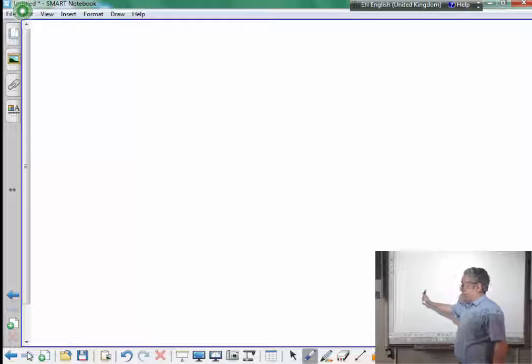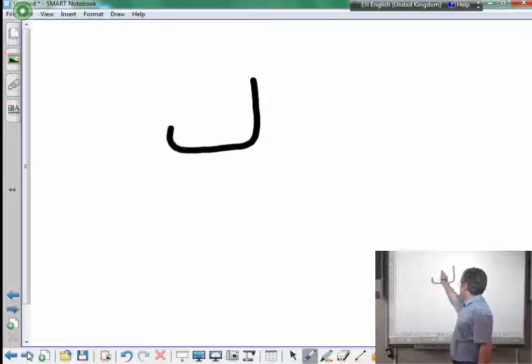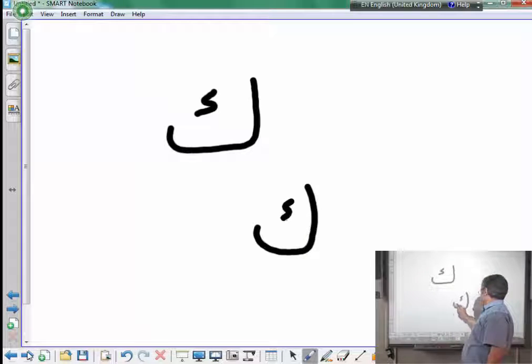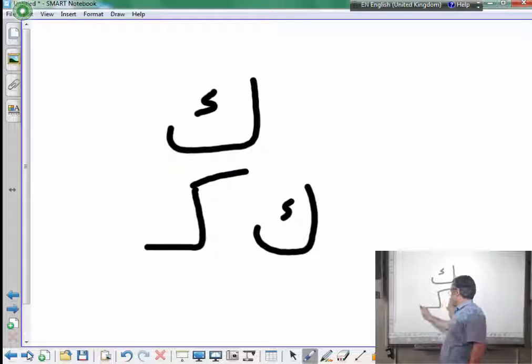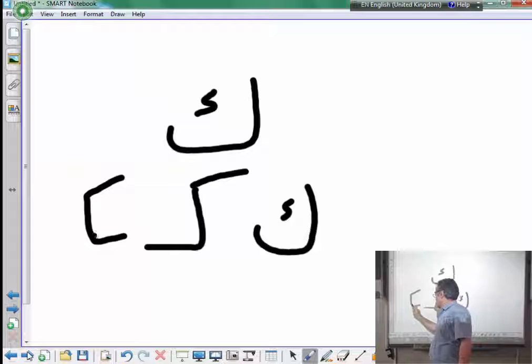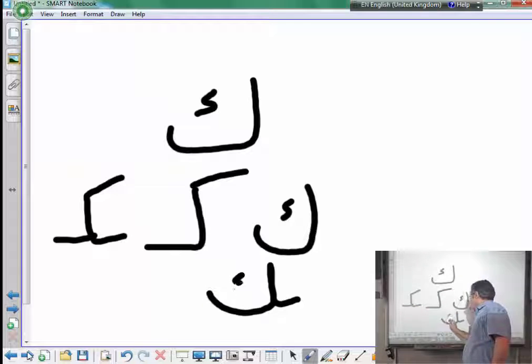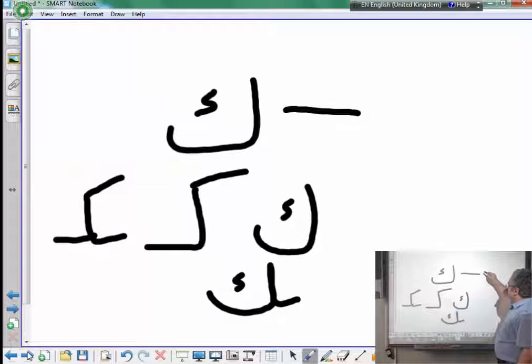It is also from the furthest back of your tongue. It is easy to pronounce. Maybe you remember you wrote it in that shape. You can write it like this. If it is at the beginning, you can put it this way, in the middle, this way, and at the end of the word, this way. So that is the letter.